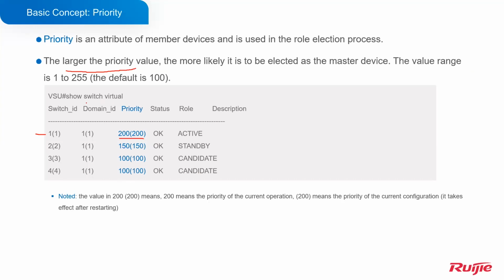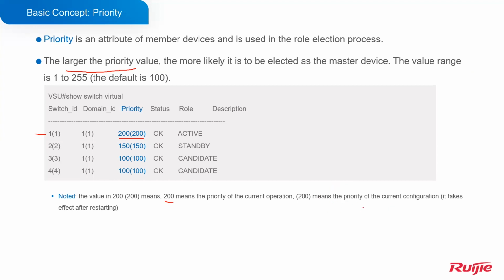And here, if you use the command show switch virtual, you will see 2 values of the priority, right? About these 2 values, the first 200 means the priority of the current operation. And the second 200 means the priority of the current configuration.